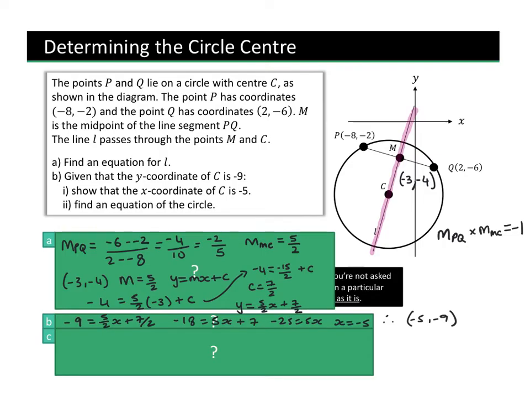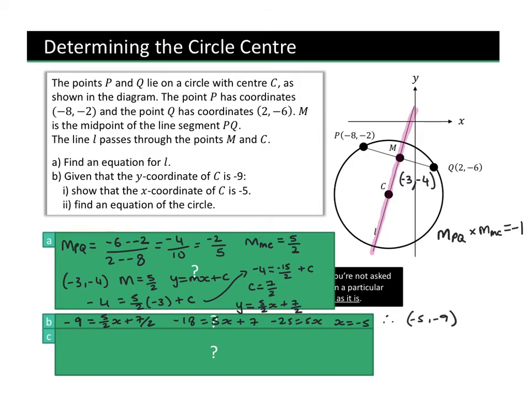It then says find the equation of the circle. So what we now have to do is find the radius. Now, how are we going to do that? Now, what do we know? We need to find the length.